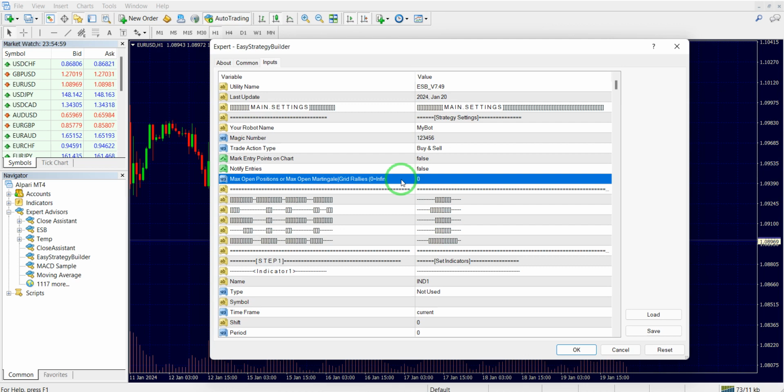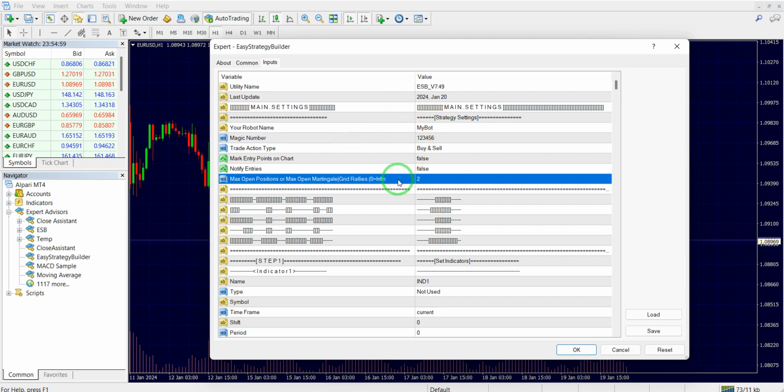But let's say I put it on 2, that means after opening 2 positions, the Easiest Strategy Builder will ignore all other signals till one of these positions gets closed or both of them get closed. After that, it will open another one or 2 more positions. That means at any point in time, we have only 2 open positions. So this is the general setting.